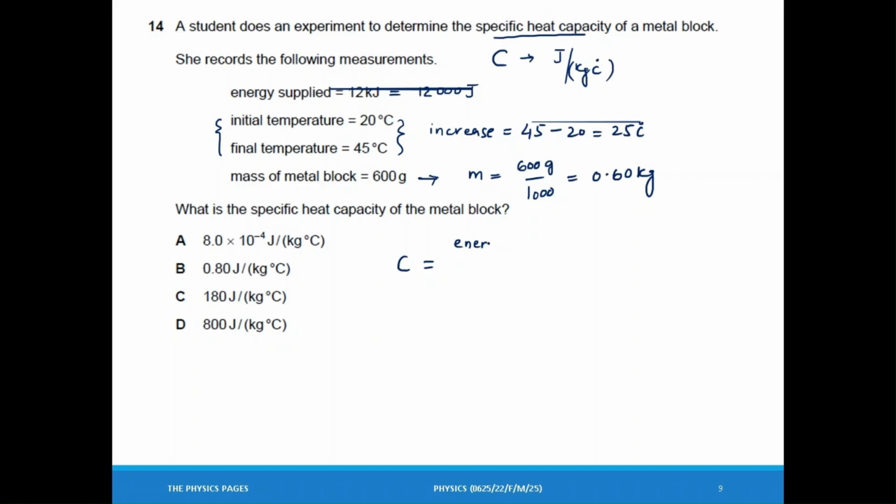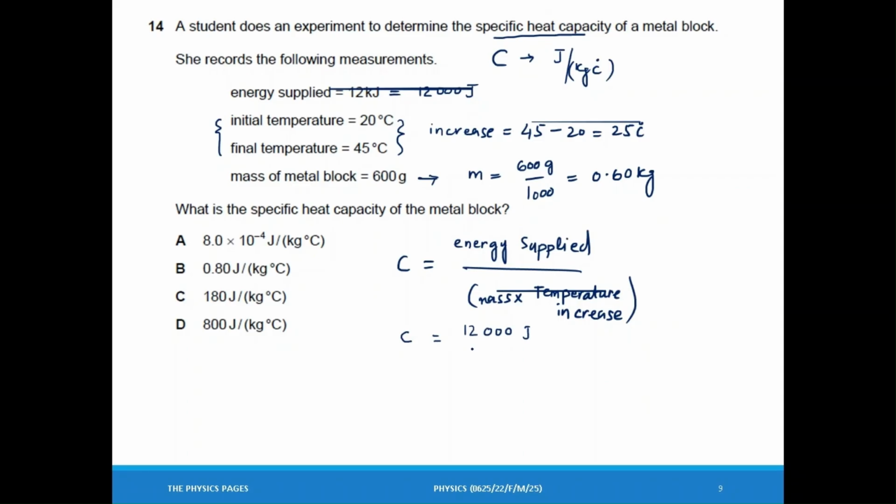Now, specific heat capacity can be calculated by C, which is equal to energy supplied divided by mass times temperature increase. So C is equal to energy supplied, 12,000 joules, over mass in kilogram, 0.6 kilogram, and the increase in temperature is 25 degrees Celsius.